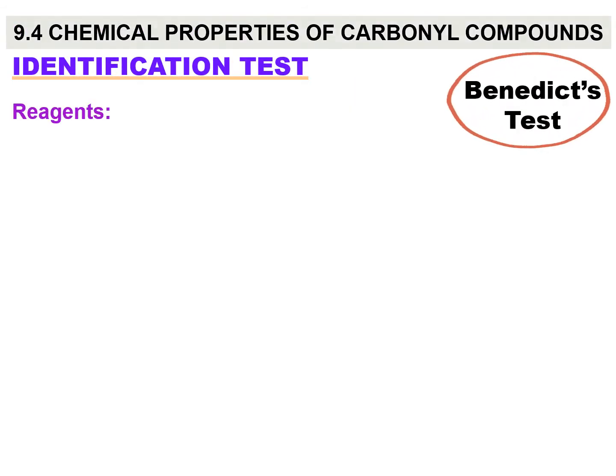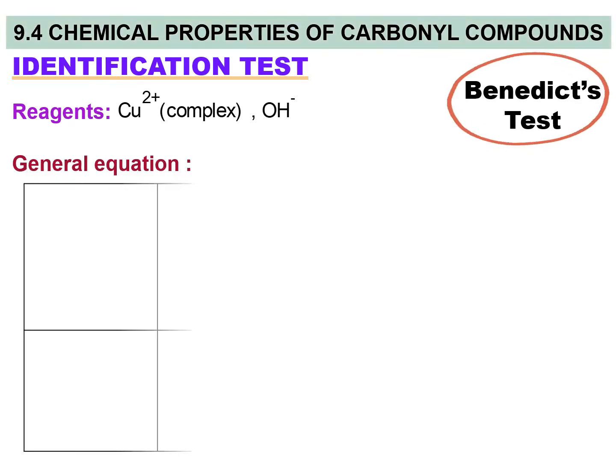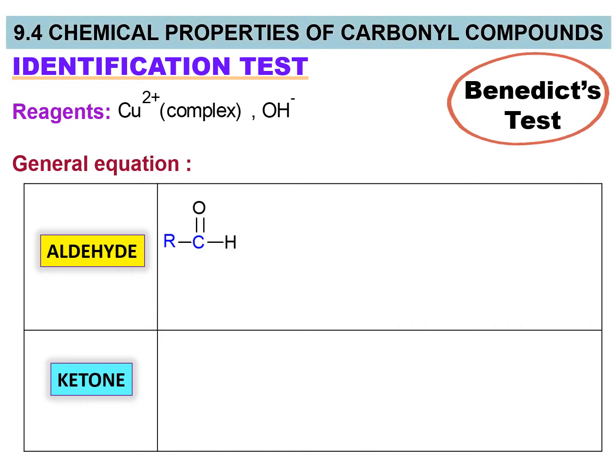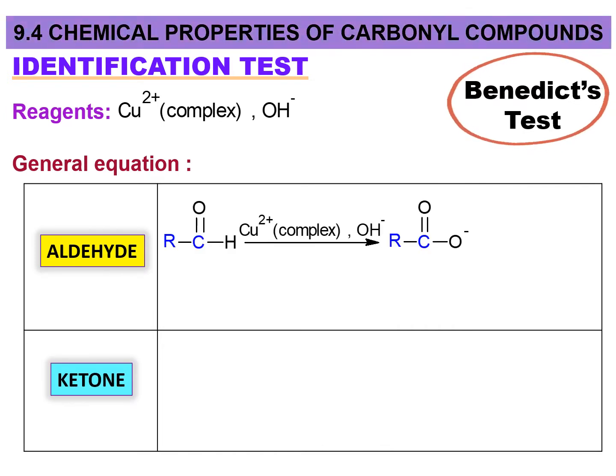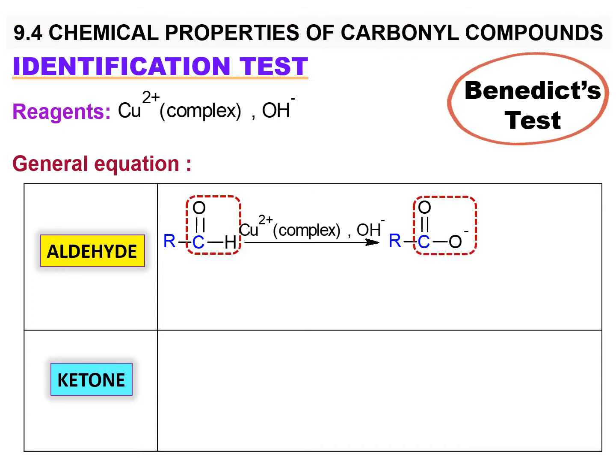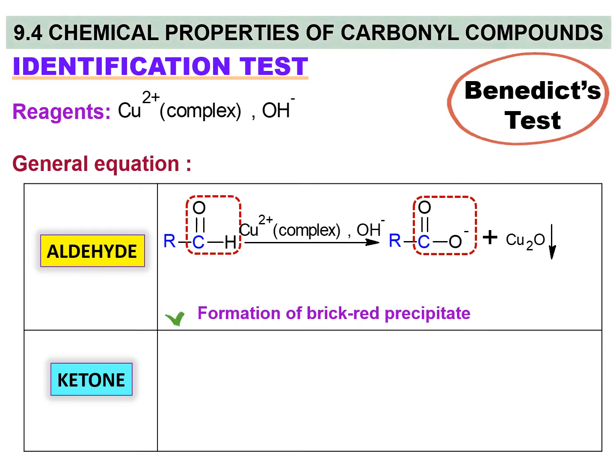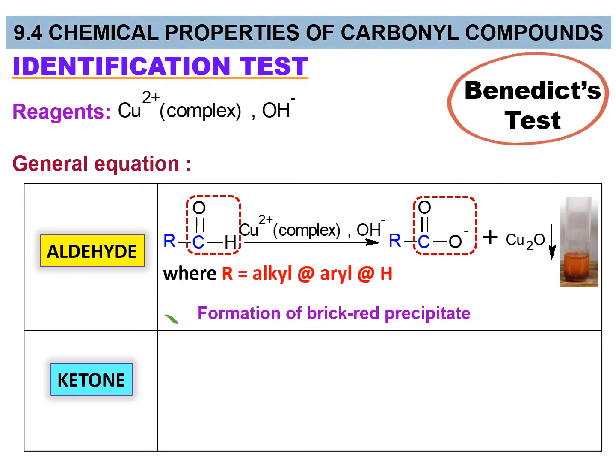Benedict test uses the same reagent as the Fehling test, showing the same reaction as Fehling test. The CHO group of aldehyde forms carboxylate ion, COO-, and gives the same observation, formation of Cu2O, a brick red precipitate, where the R here indicates alkyl or hydrogen.